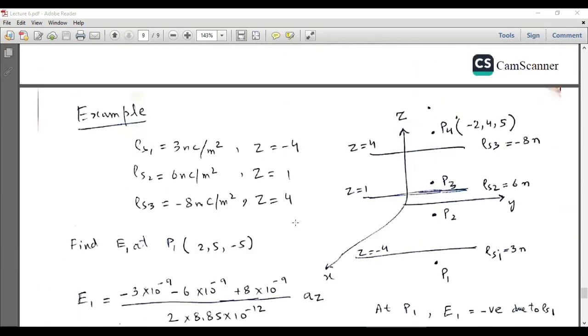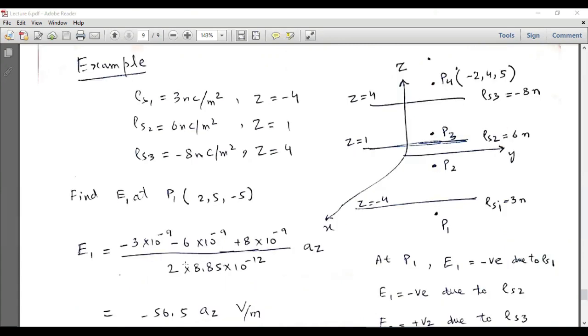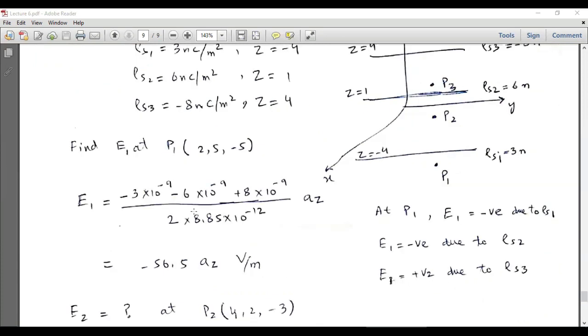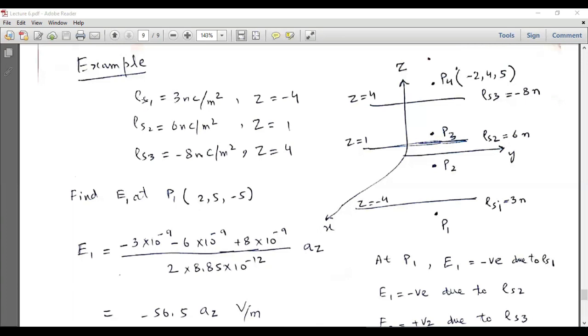So now I will solve a very interesting example on surface charge distributions to calculate the electric field at four different points. After solving this example, it will be quite understandable how to calculate electric fields due to surface charges. In this example, we are given three sheets of charge. The first sheet has 3 nanocoulomb per meter square density at z is equal to minus 4.